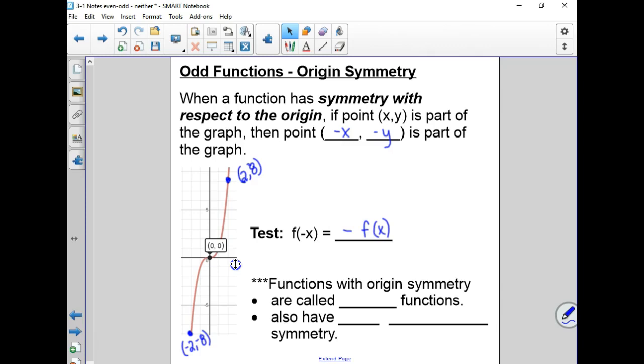A couple other things to remember about odd functions. Functions with origin symmetry are, of course, called odd functions here. That was kind of redundant. And then functions with origin symmetry also have 180-degree rotational symmetry.